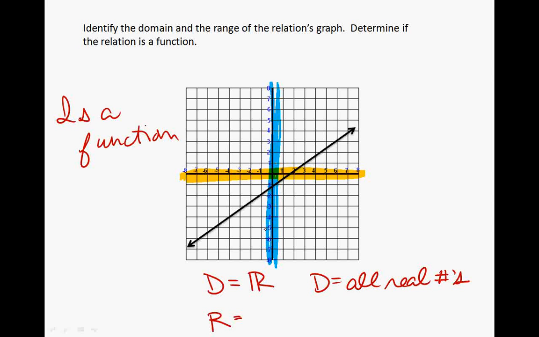All of these y values are potential outputs in this graph. So again, this range could be any real numbers. Or if you prefer not to use the symbol, you could just write it out. All real numbers, that's fine too.